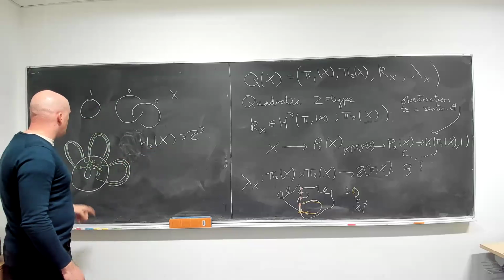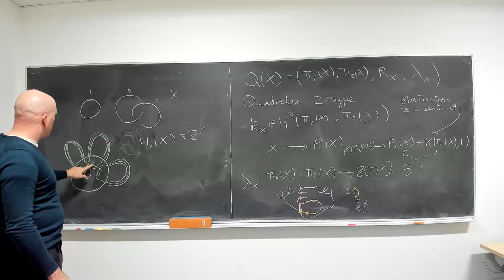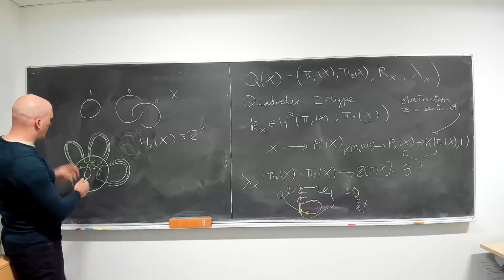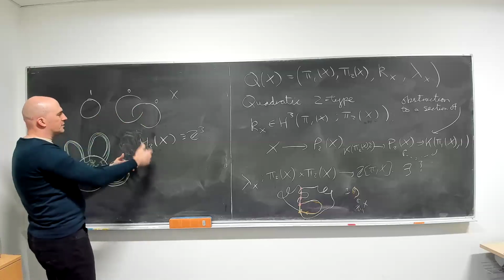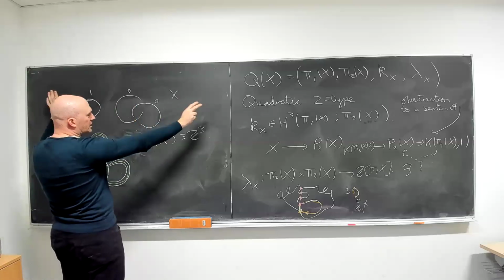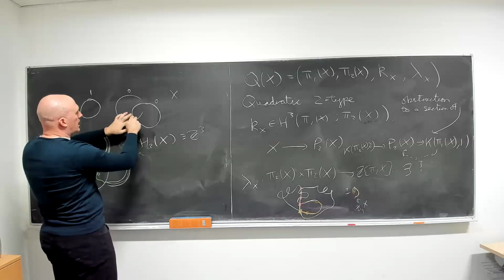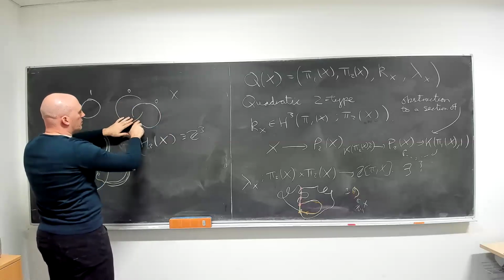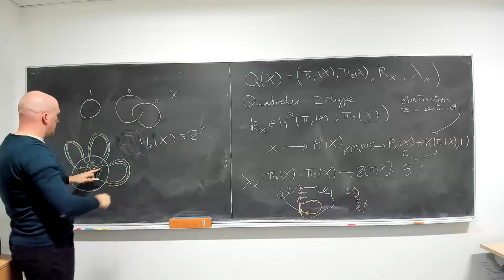Now if I count the intersections between these things, I can figure out what the null homotopies look like by doing an unlinking procedure on this link. I just have to do a crossing change here, and then I've got an unlink, and so I get a single intersection between these two.